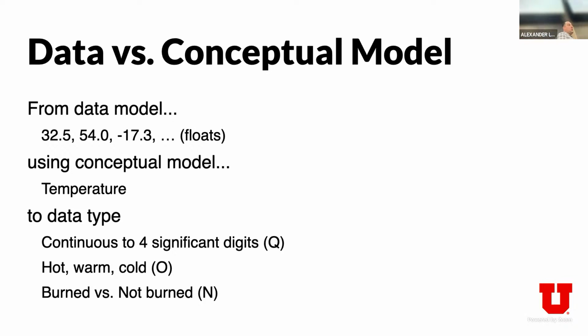We could bin it into hot, warm, and cold, into ordinal, right? Or we could make it nominal, as paper burned or didn't burn at this temperature, right? So it really depends on what we want to do with the data, how we want to abstract it, and we can often use a more abstract level on top of a more specific data model.